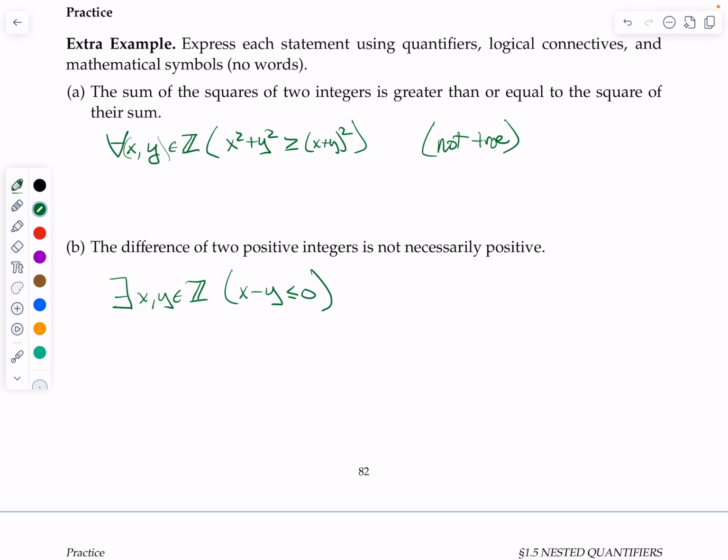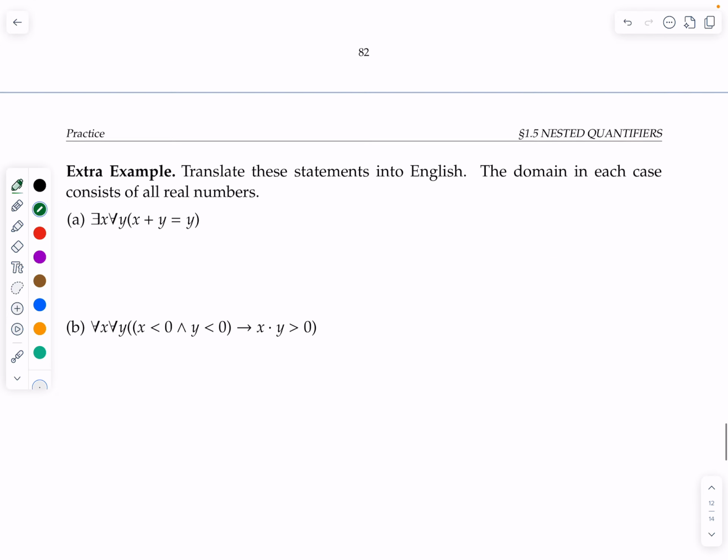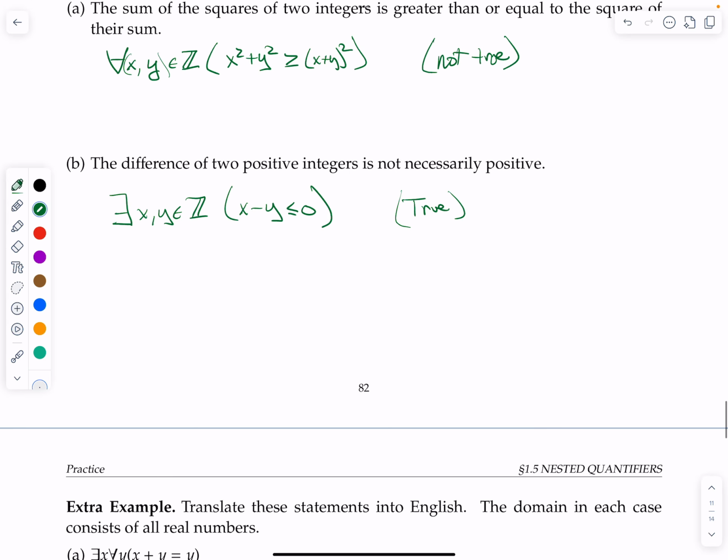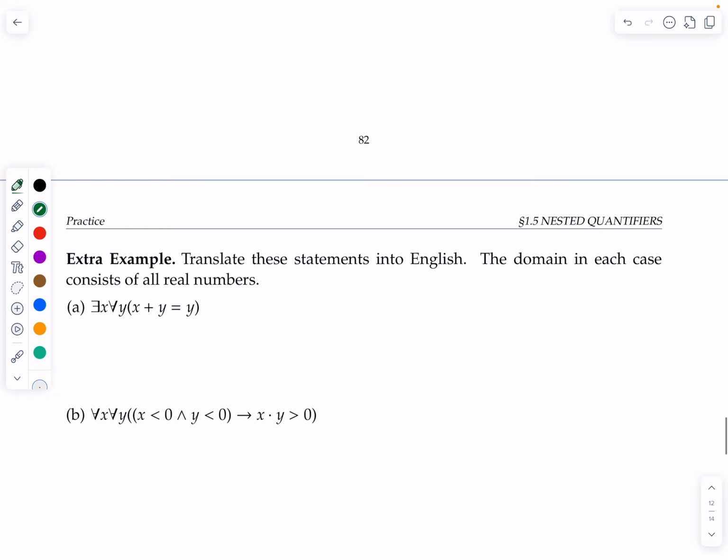I think that does it. That one is true. Oh, sorry. I have to specify that we're talking about positive integers here.